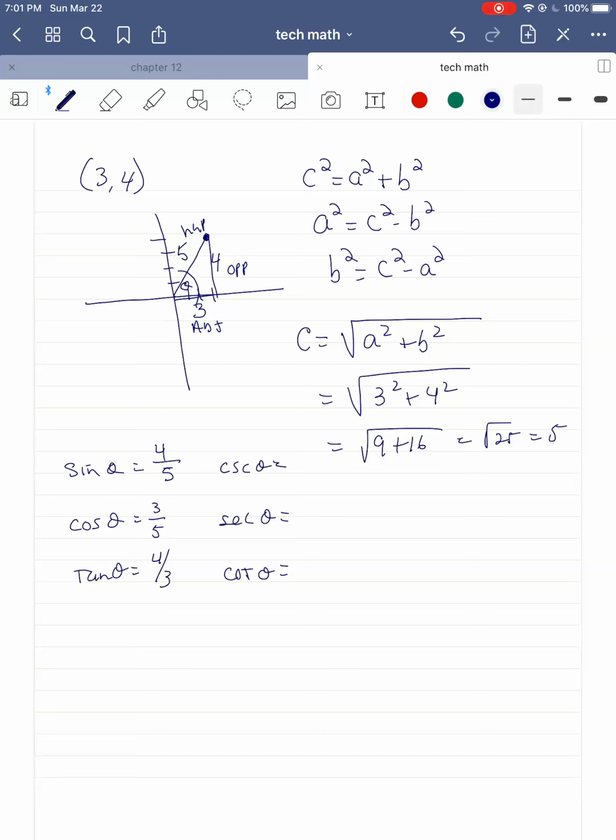For my cosecant, secant, and cotangent, all I need to do is take the reciprocal of each one, and I have the ratios of all of my trig functions. Notice that the value of sine is positive, cosine is positive, and tangent is also positive.